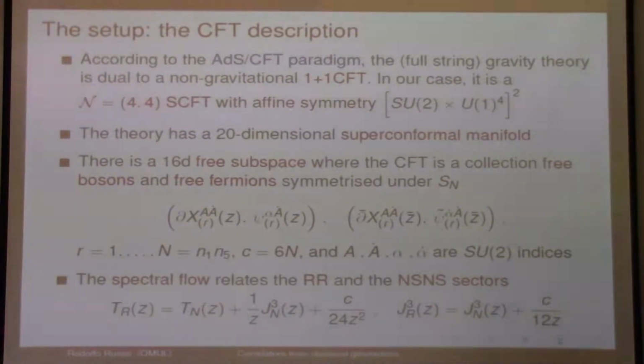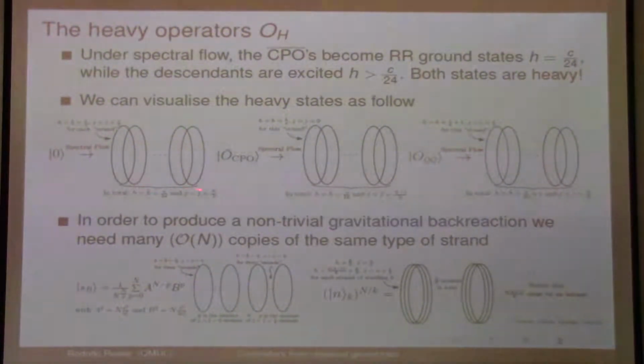So that's the picture that I'm trying to convey here. You have a collection of n free CFTs, and each copy has one boson and two complex fermions. And the fermions in each copy are in one Ramond ground state.